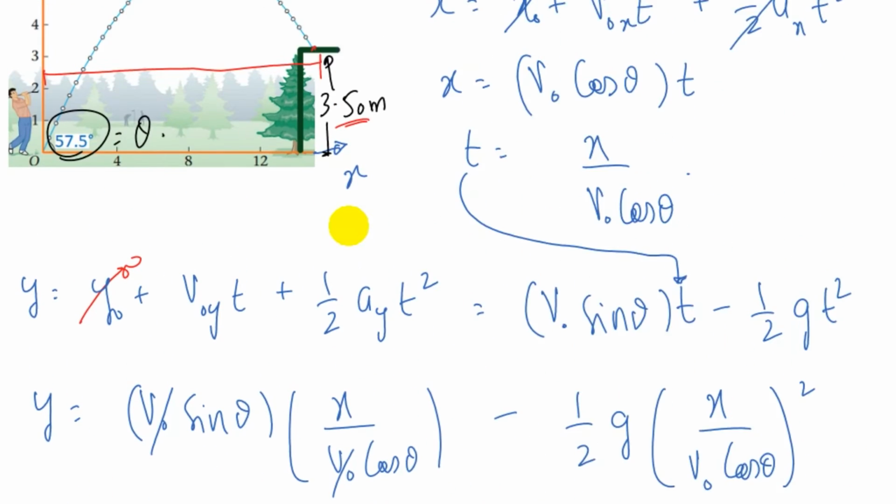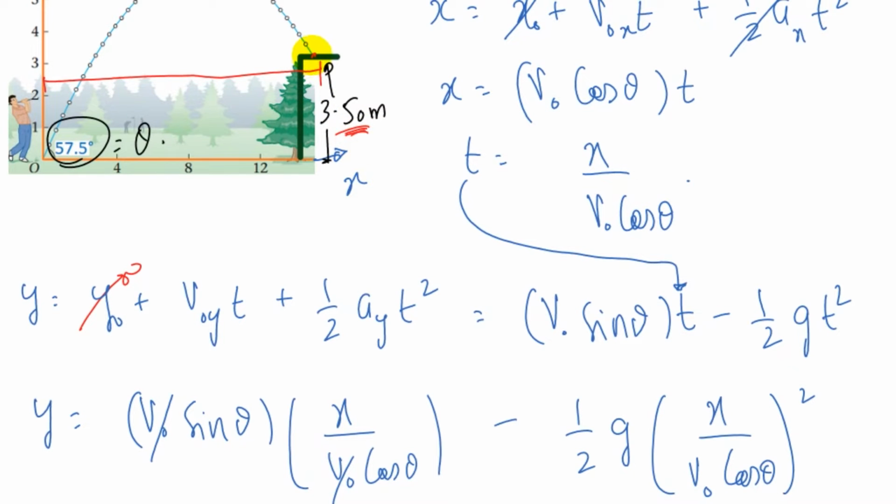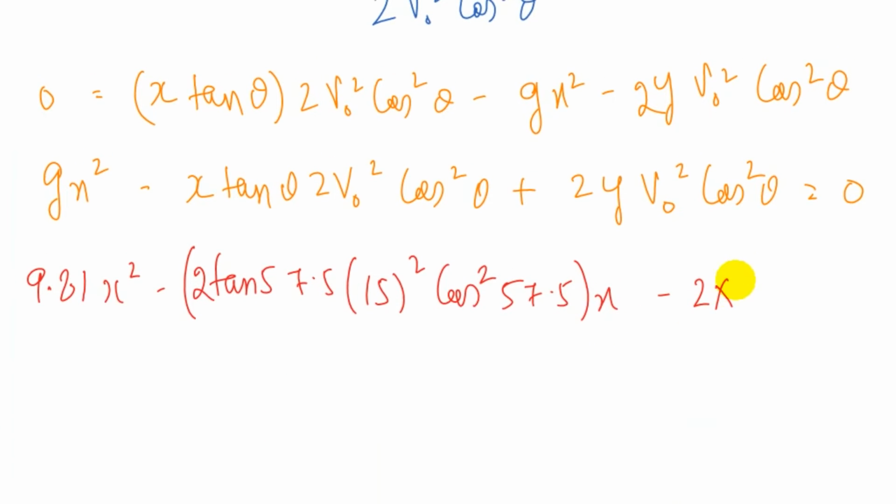Now y is this vertical distance at the point where it got struck, which is 3.50 meter. So this is 3.50 meter multiplied with v0 square, 15 square, times cosine square 57.5, and it is equal to 0.